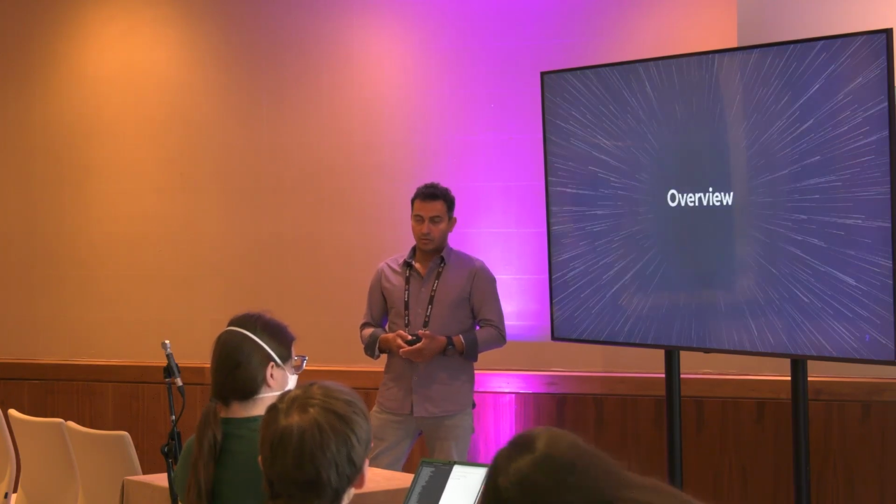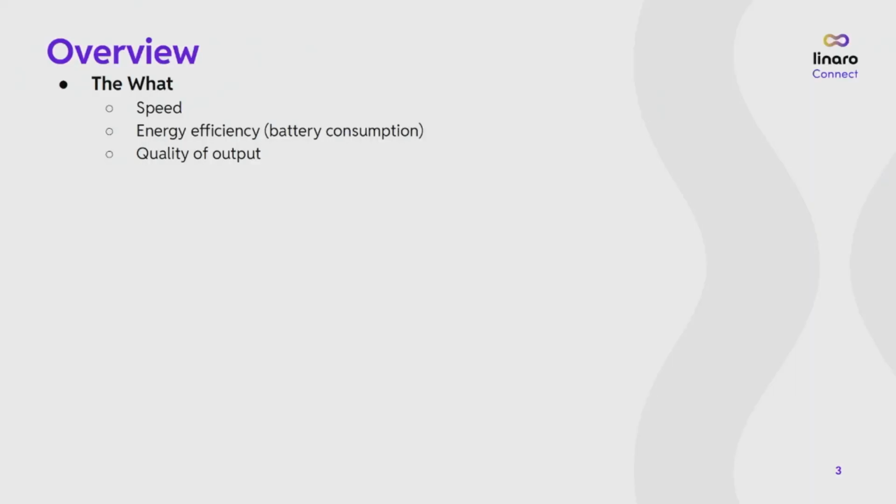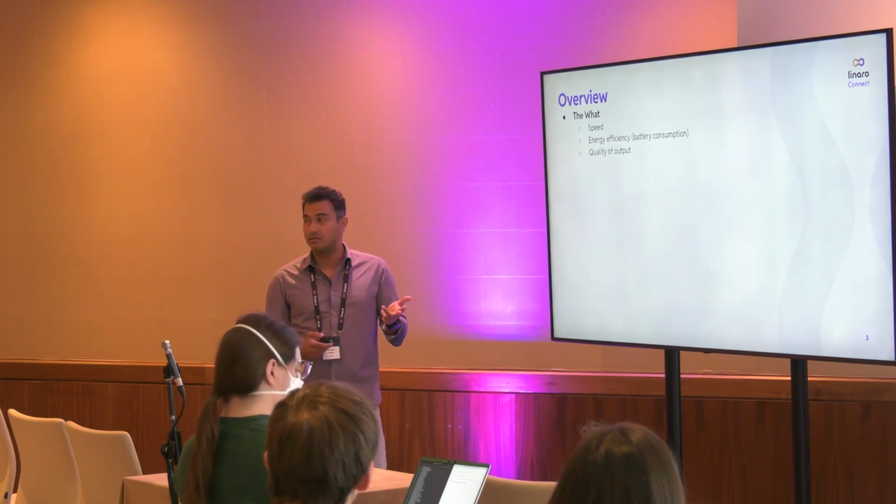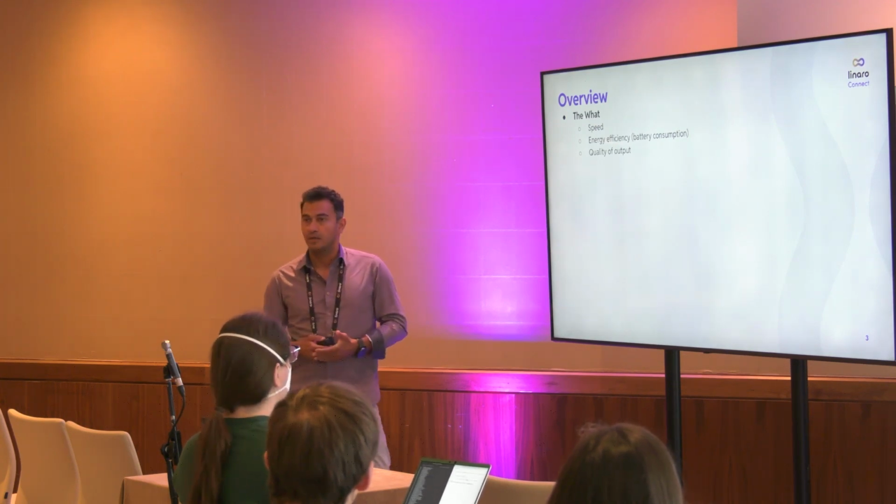So first, a quick overview. I'll get into the details of what it is that we would like to measure when it comes to performance and porting code from, well, not necessarily x86, other platforms to ARM. When we are measuring the what, speed, energy efficiency, and the quality of output are important.